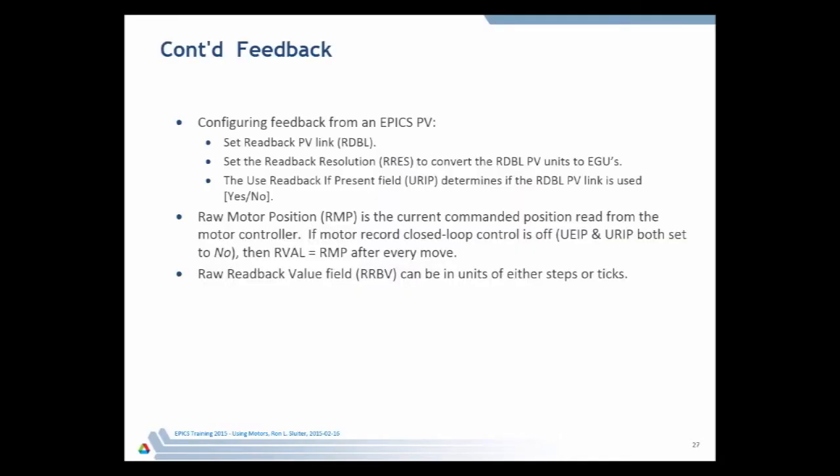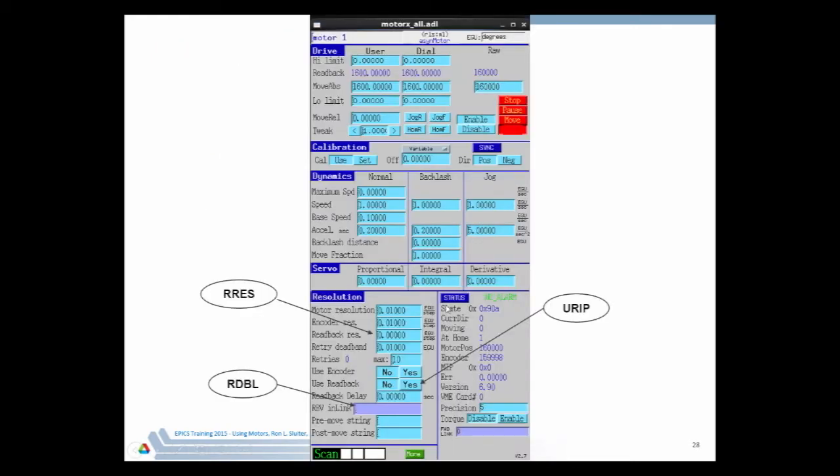Basically, if you're configuring feedback from an EPICS PV, then you're using the readback link field, the raw res, and URIP. Let me point those out so you know what those are. The readback link is down here.